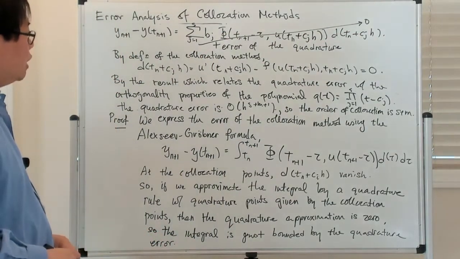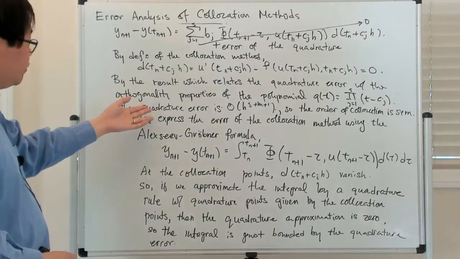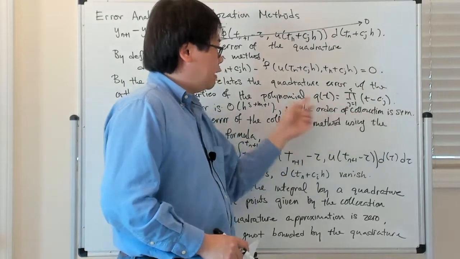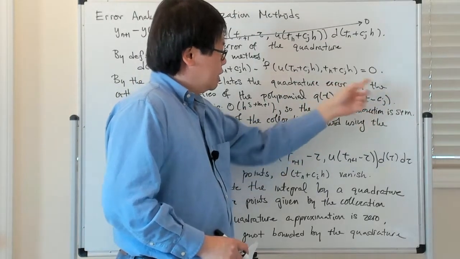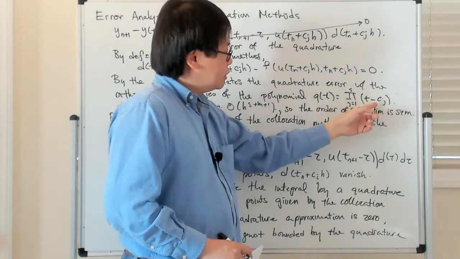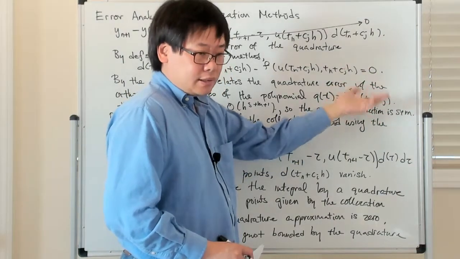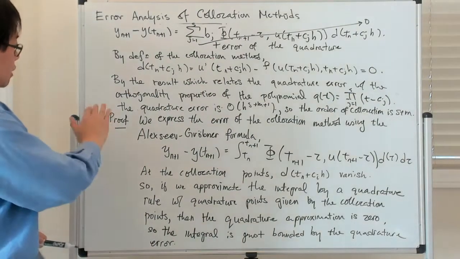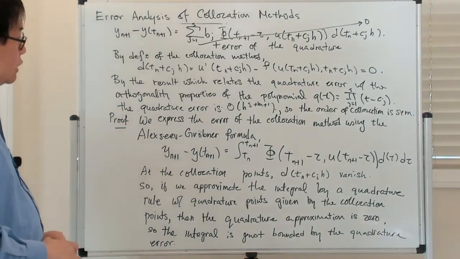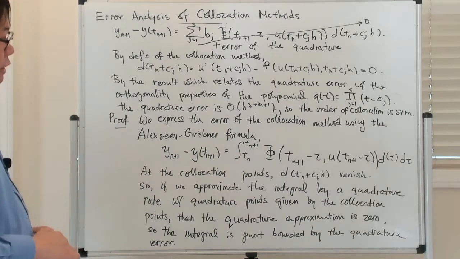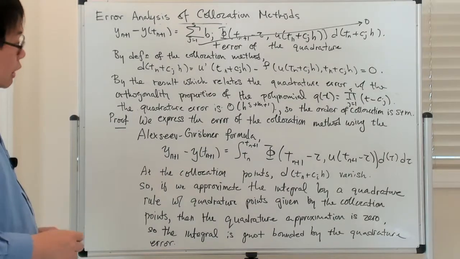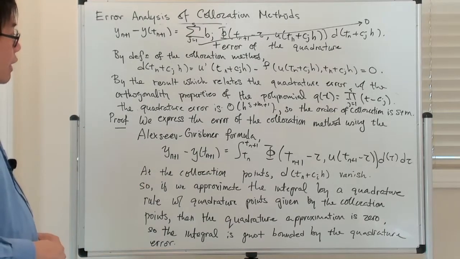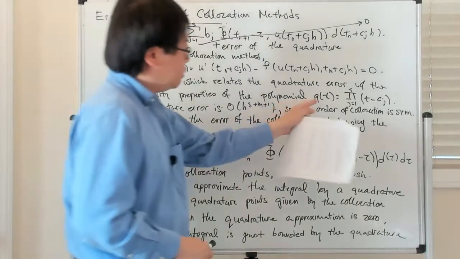Because of what we proved about relating quadrature error with the orthogonality properties of this polynomial, which is obtained by taking linear factors with roots at these quadrature points, you end up with this result. To check the order of a collocation method, you look at the collocation points and construct this polynomial Q of t.